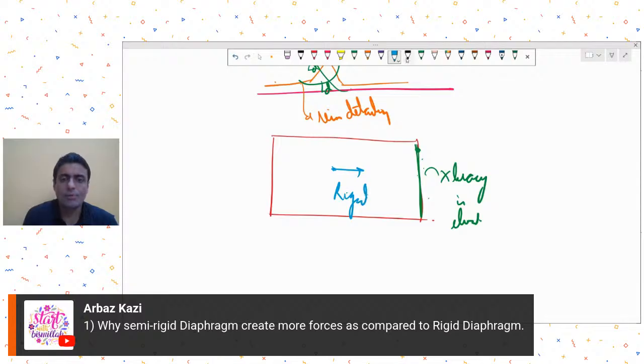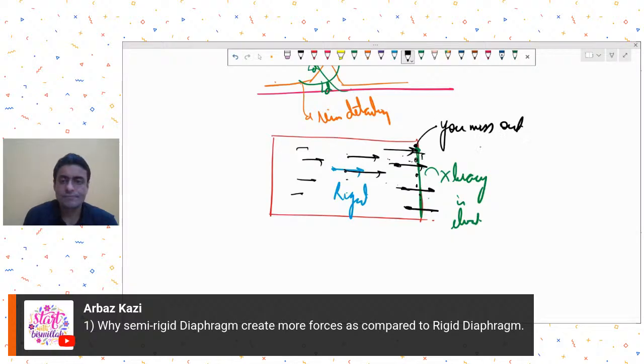First of all, you had locked one degree of freedom, that is the out of plane. So all the points, there will be no out of plane behavior in them, and in plane also they are forced to move as if every point is trying to deform by a same magnitude. So because of this, you miss out on some forces that might have been created with a semi-rigid diaphragm.